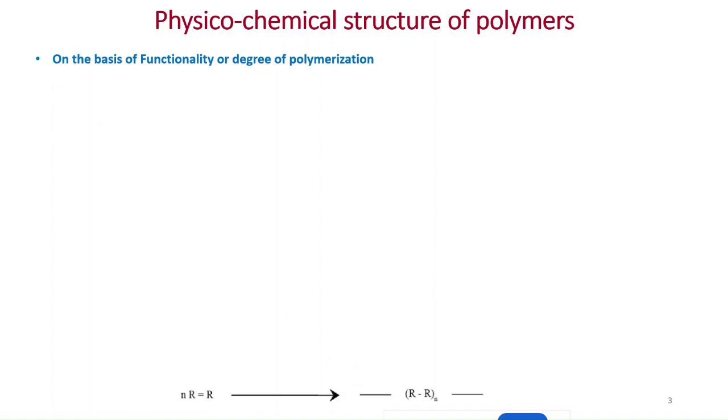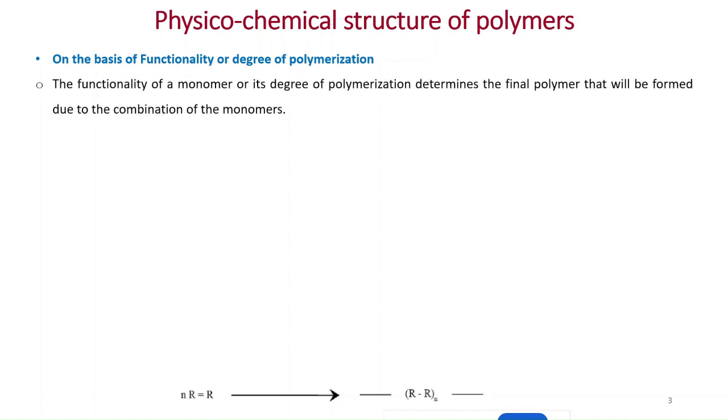The first topic is the polymer classification based upon the functionality or the degree of polymerization, which comes under the physicochemical structure of polymers. Try to understand this functionality.